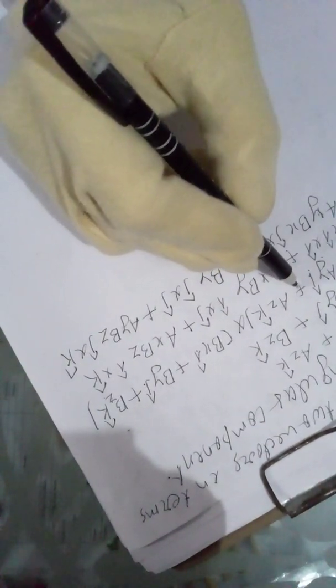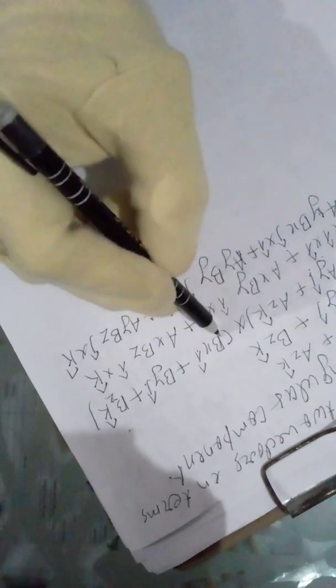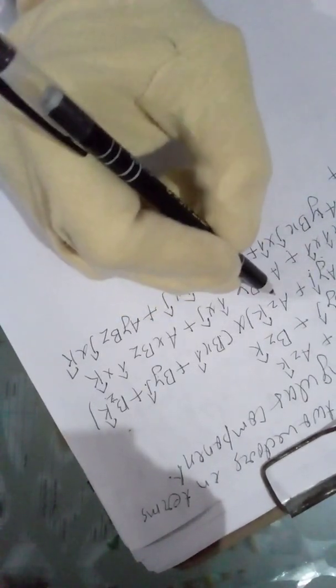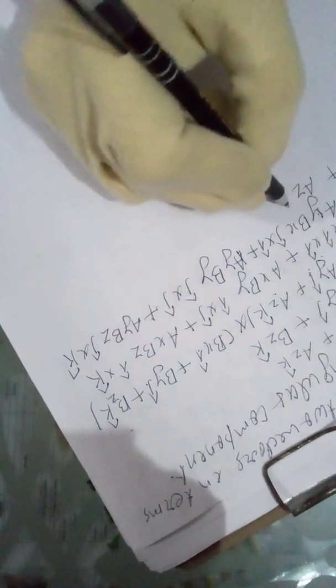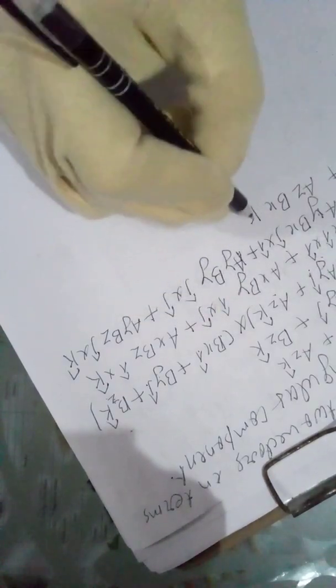Now we take the third term. Sign plus, coefficient az bx, unit vectors k cross i.